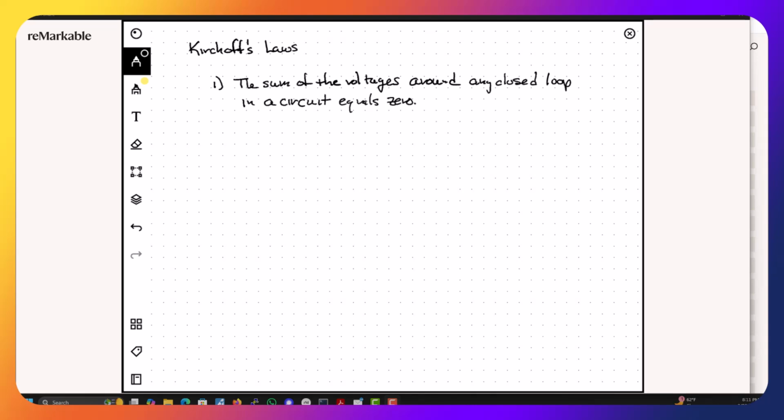So this is really a statement of energy conservation. You can't go around a loop with an electron and pick up energy for free, because you could just keep going around and get lots of free energy. That's not allowed. So the sum of the voltages around any closed loop in a circuit must be 0.